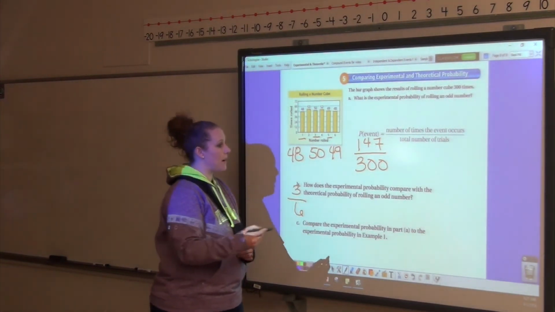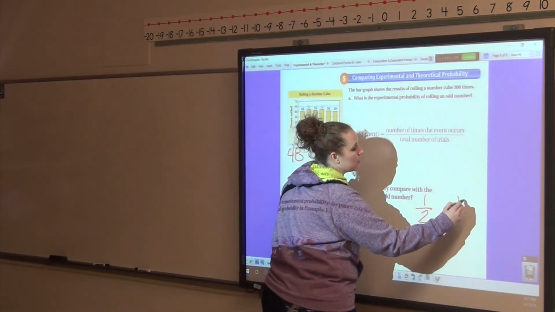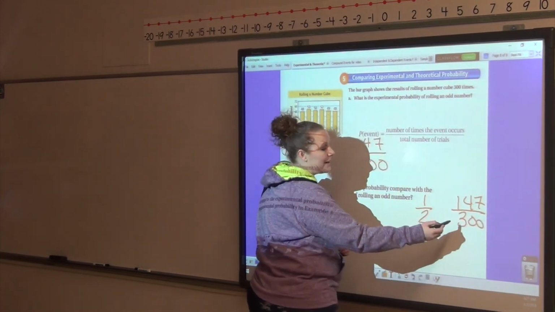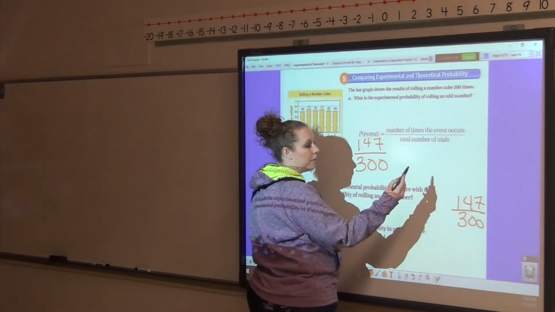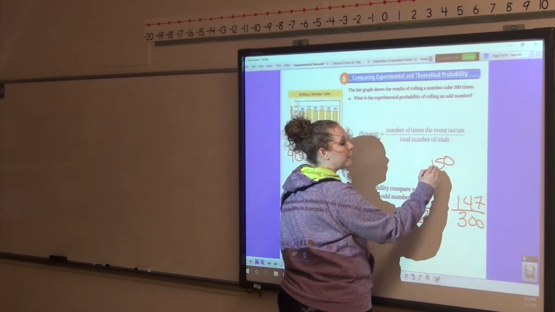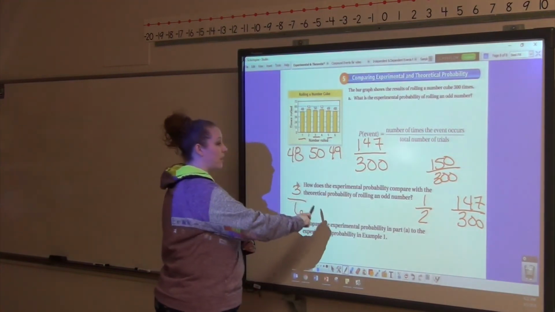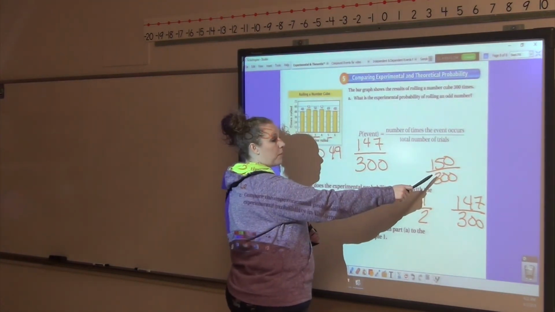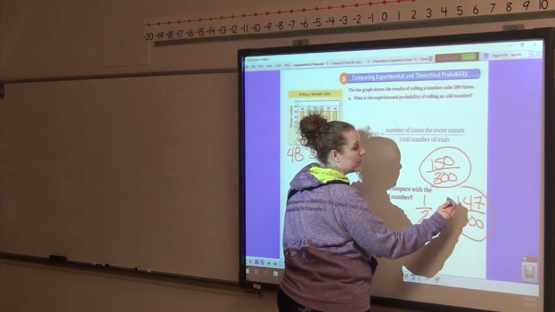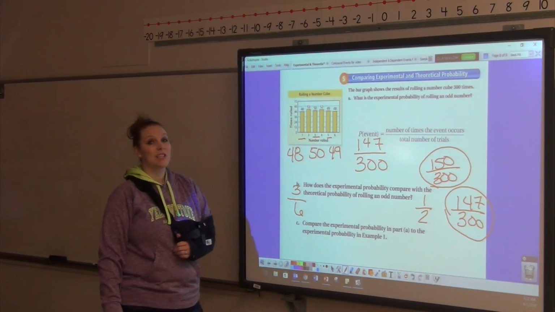Comparing that to 147 over 300, 1/2 of 300 is 150. So that would be my theoretical probability in this case. That is really close. They are very similar.